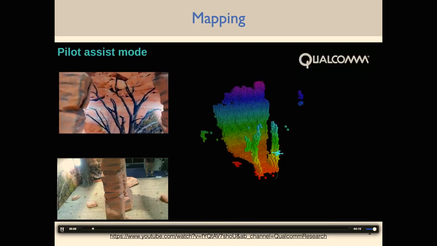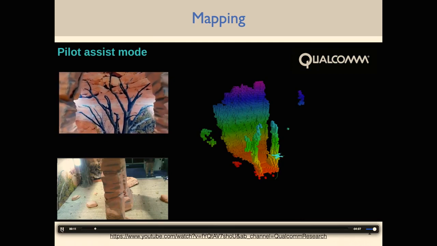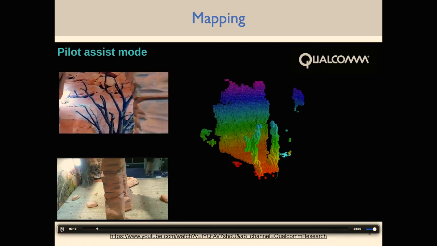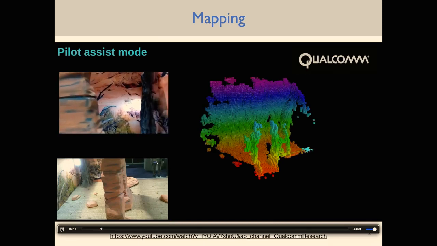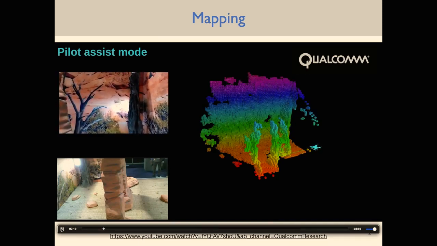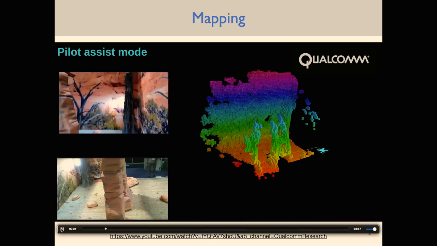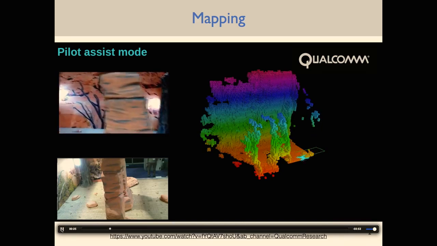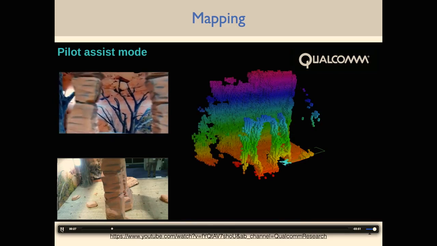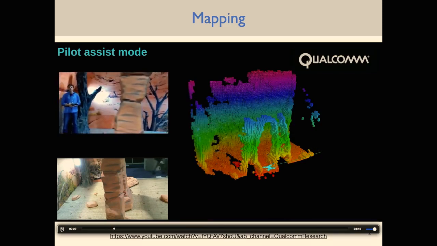You'll see the human in a second; it says pilot assist mode. The bottom left video is from the perspective of a fixed camera in the room. The top left video is from the perspective of the drone's camera, and this has some depth camera on the drone. And it's building up a map.